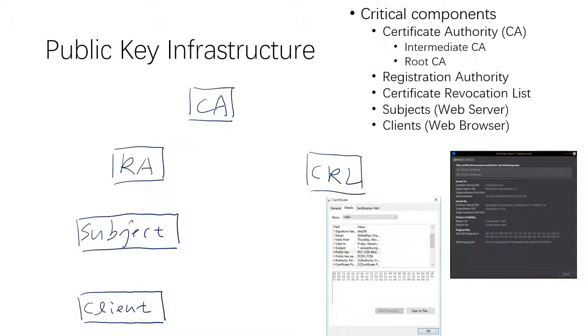Let's see how all the components in the public key infrastructure collaborate with each other to protect the security of the Internet. Suppose a subject or a web server wants to set up a server and generate a digital certificate. What he needs to do is collect all his information, including his host name, the owner of the company, the name of the company, and most importantly, the public key that he owns, and send everything to the RA, which is the Registration Authority.